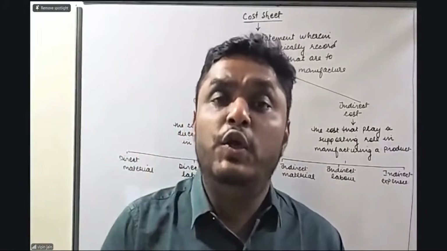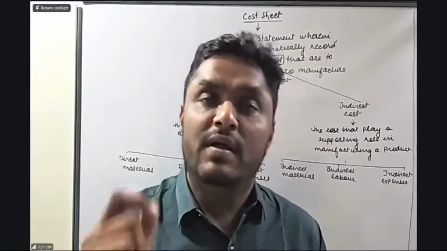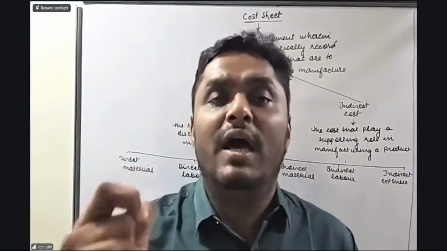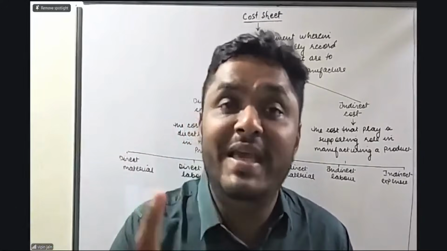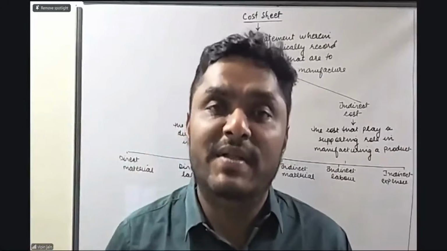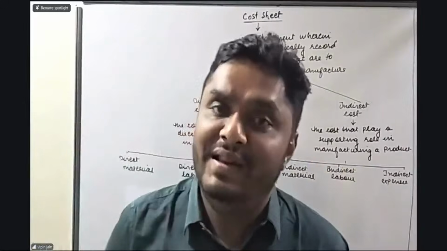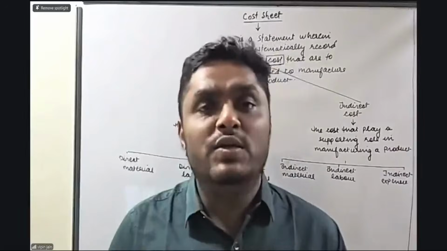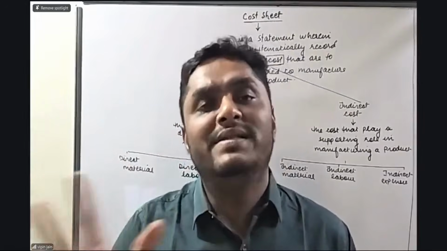Again, let's take one more example. Now, in the factory, to maintain the cleanliness, I have kept two housekeeping staff. These housekeeping staff are nowhere directly involved in manufacturing a shirt. But yes, to maintain the cleanliness, I have to pay them something. So the amount paid to that housekeeping staff is what? My indirect labor. So those laborers who are directly involved in manufacturing the product, we call them direct labor.